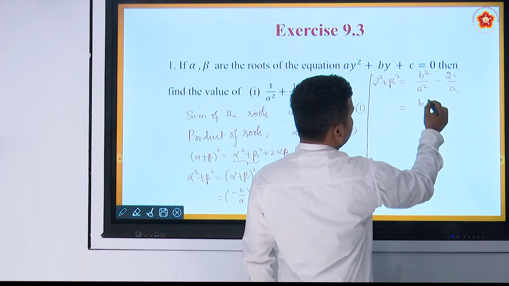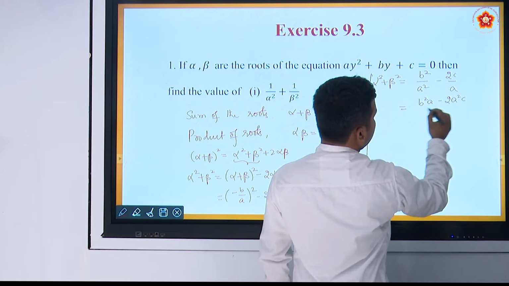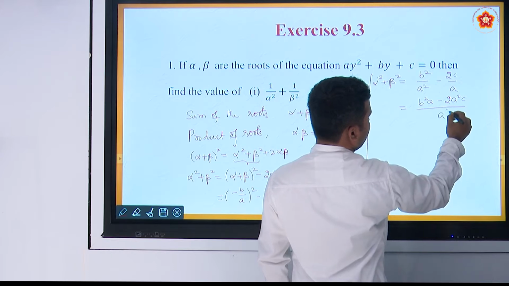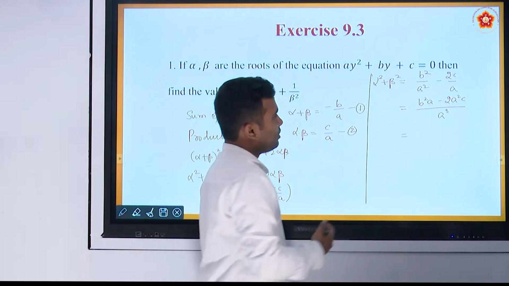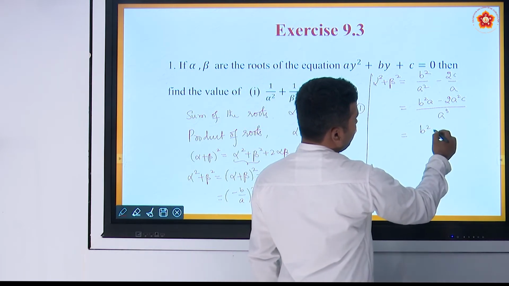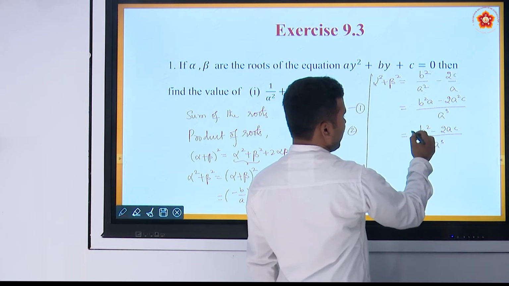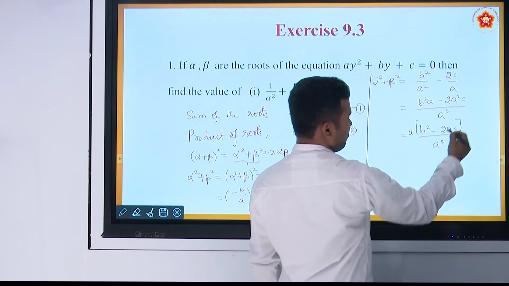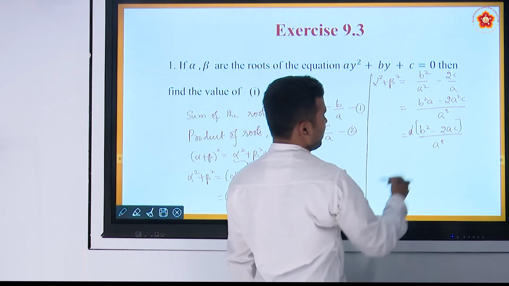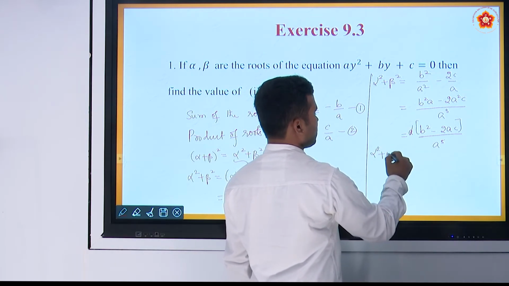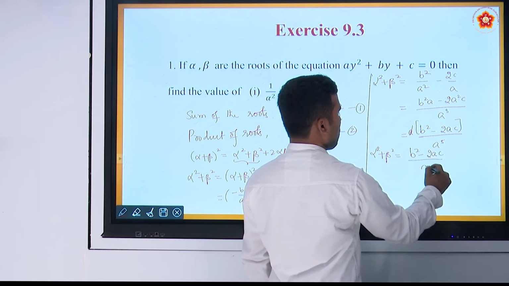B square by a square minus 2c by a, cross multiplication: b square minus 2a square c divided by a square into a becomes a cube. So now in the numerator a is a common term, take it outside. So it becomes b square minus 2ac divided by a cube. Now one a will get cancelled. So we are left with alpha square plus beta square as b square minus 2ac divided by a square.